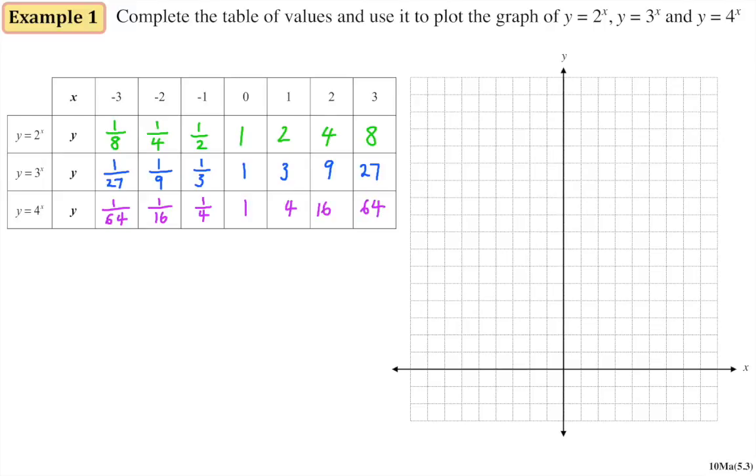So I've put the answers there. I've just put them into my calculator or used my head where I can, so we can generate the answers. So I'm going to produce all three graphs now.